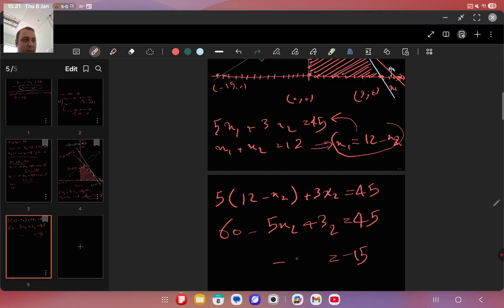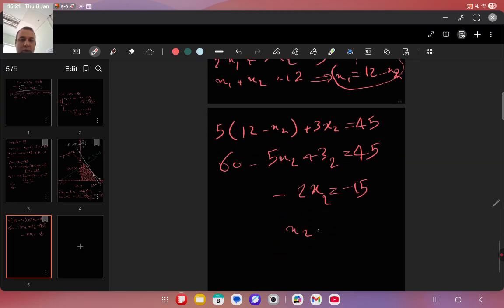This becomes minus 2x2. So x2 equal to 7.5.